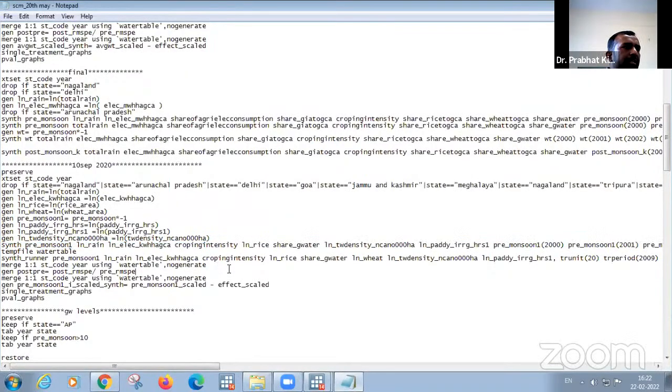For the robustness check, I have written this in the file here.